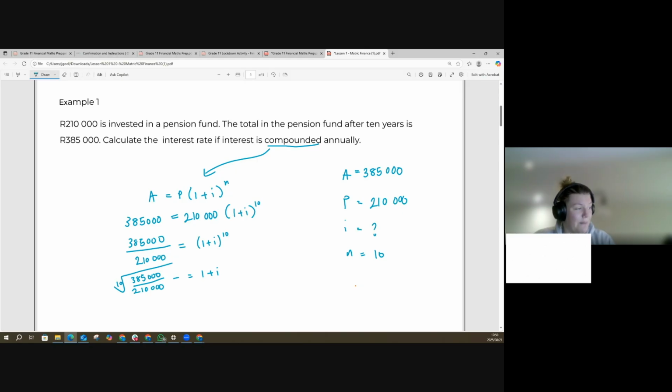So we're going to minus 1 from this side. And that gives us i. So i is equal to 0,0625, which means as a percentage, it is 6,25%. Yay!